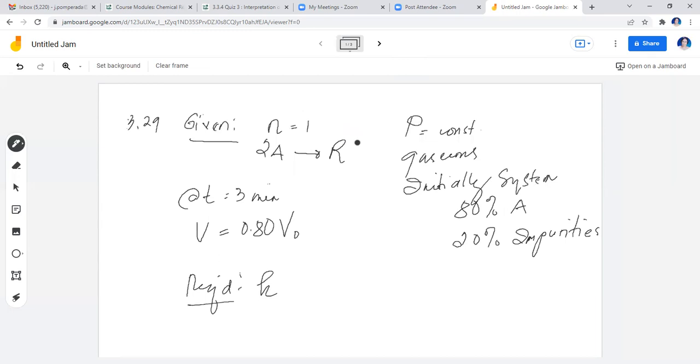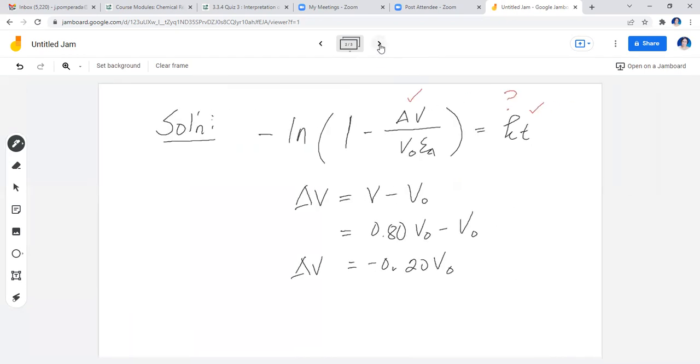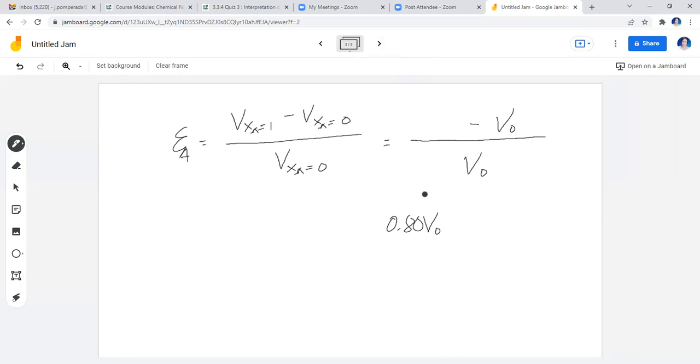Now, where will I get that particular volume due to R? I will get it from the stoichiometric equation. So this is what we're going to do. This 0.80 V sub O, we divide by 2, because that's the coefficient of A. And now I will determine the volume due to R, and that would be divided by 1. Why 1?